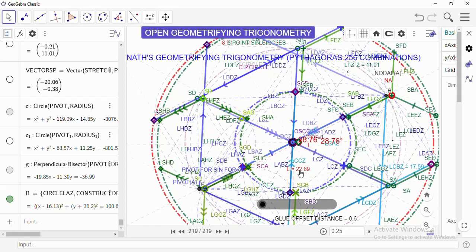These 16 are sin square theta. Now, all the cos square theta and all the sin square theta are not collinear.